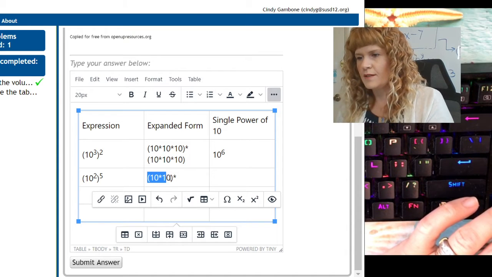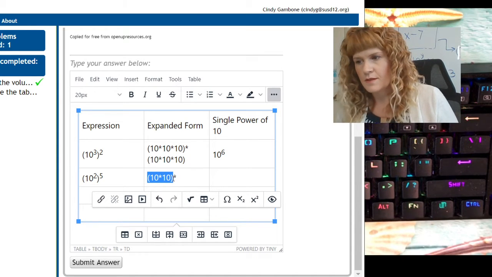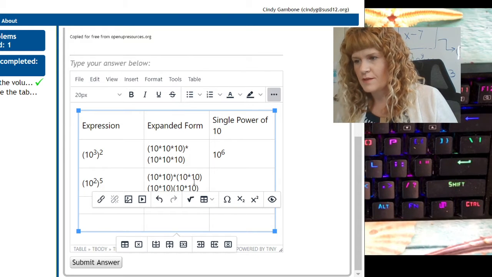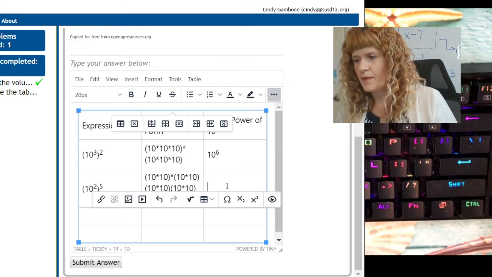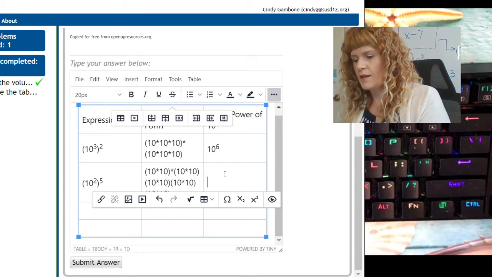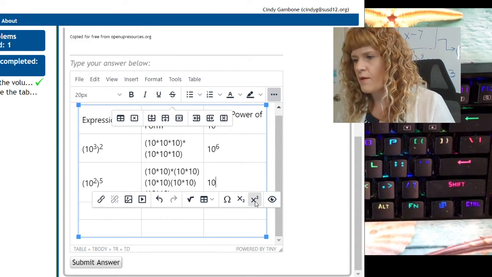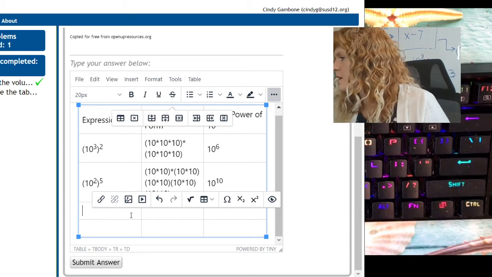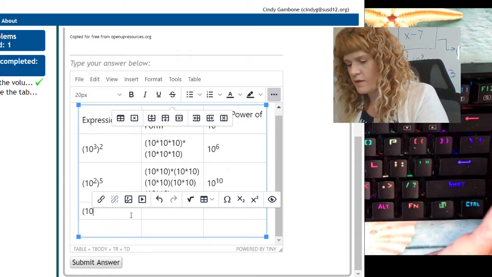Oh, I have an idea. I'm going to copy and paste. Watch this. There we go. And then paste, paste, paste, paste. Cool. And now write it as the single power of 10, and that is 10 to the 10th. Next one is 10 to the 4th.